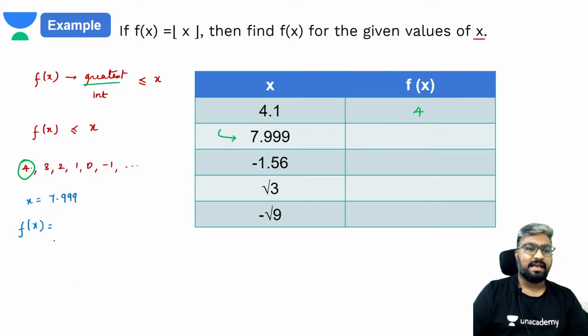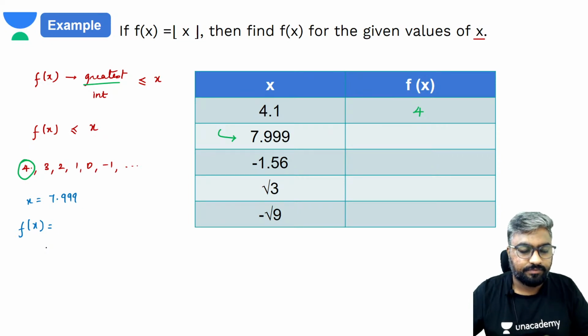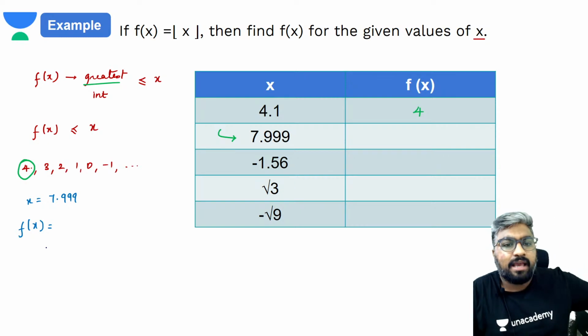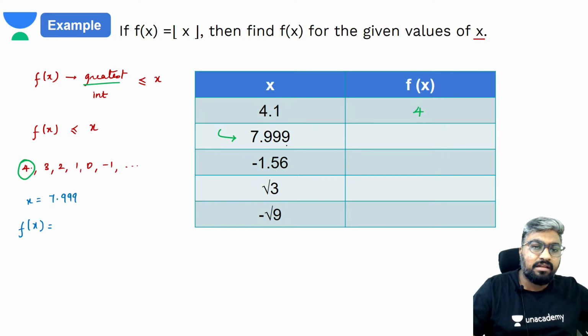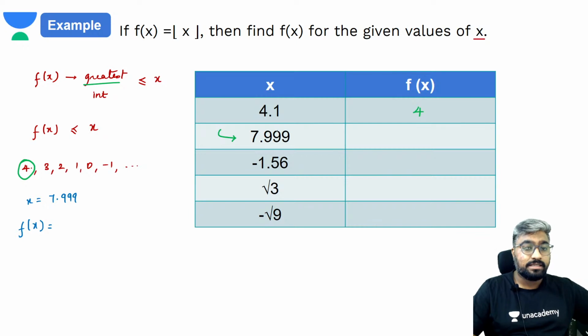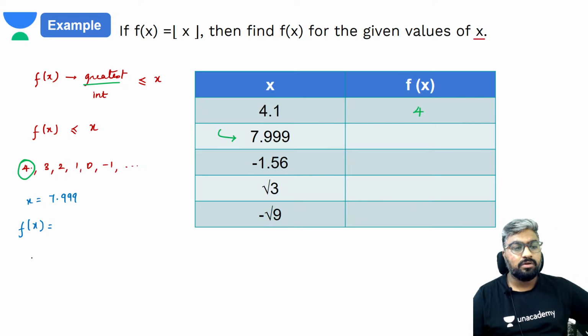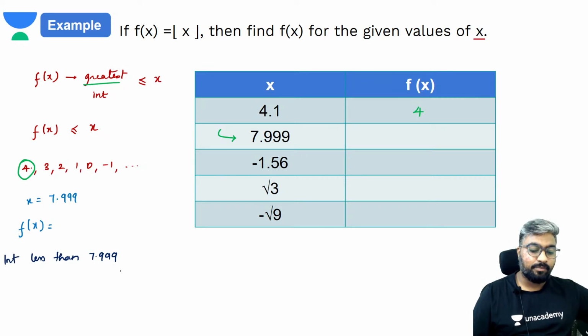Okay, अजय से 7, others? तो हमें क्या लेना है? 7.999 we understand is very close to 8, but हमें वो नहीं करना है. हमें क्या करना है? We have to take values less than 7.999. Yes, integers less than 7.999.